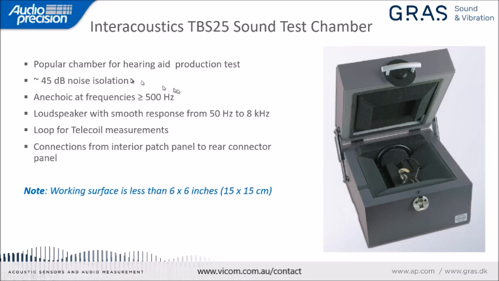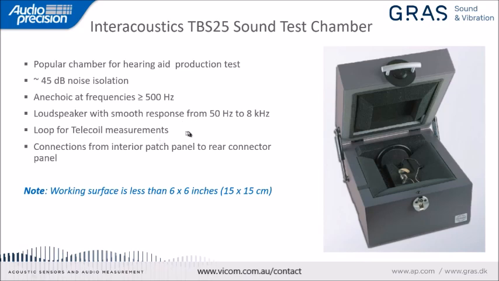It offers about 45 dB of noise isolation. It's specified to be anechoic at frequencies of 500 hertz and greater. And it has a very nice loudspeaker built in that has a smooth response from about 50 hertz to 8 kilohertz. It's very close to having a flat response, about plus or minus 3 dB from flatness over that range, which is quite good for a loudspeaker, actually.